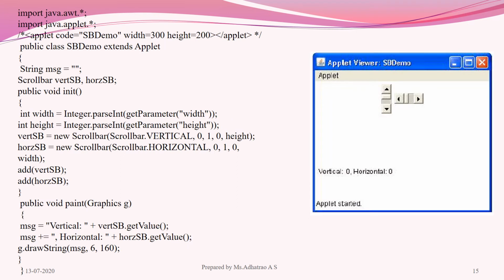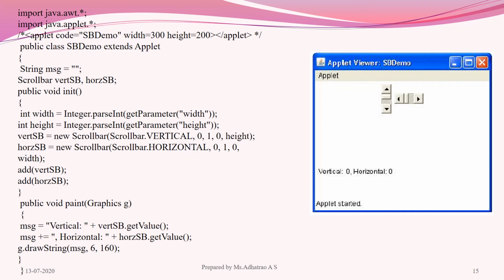First, declare the object of scroll bar. Here, set the values for height and width. For vertical scroll bar, set the style Scrollbar.VERTICAL by passing initial value, thumb value, minimum and maximum.